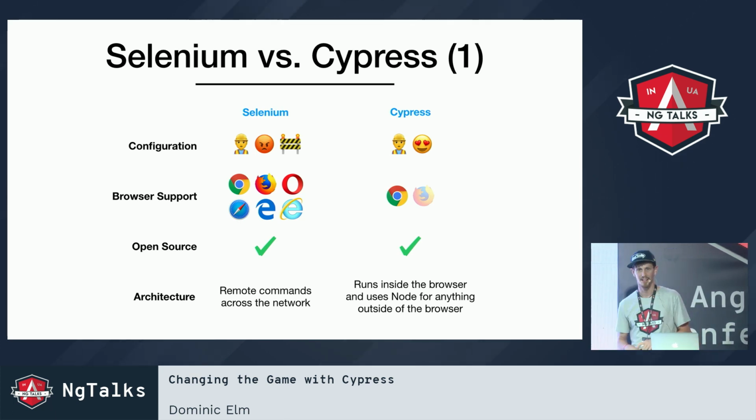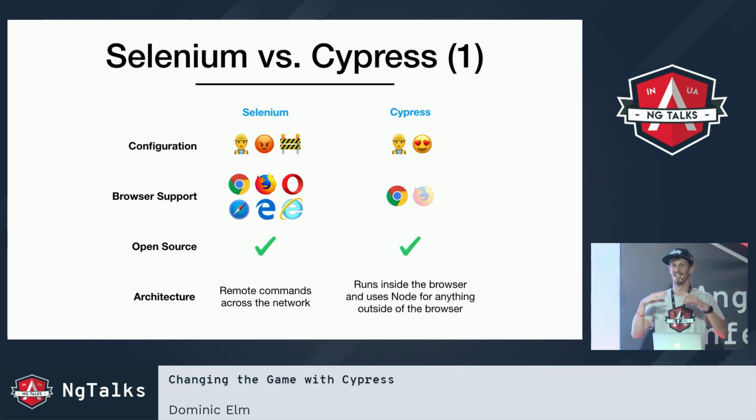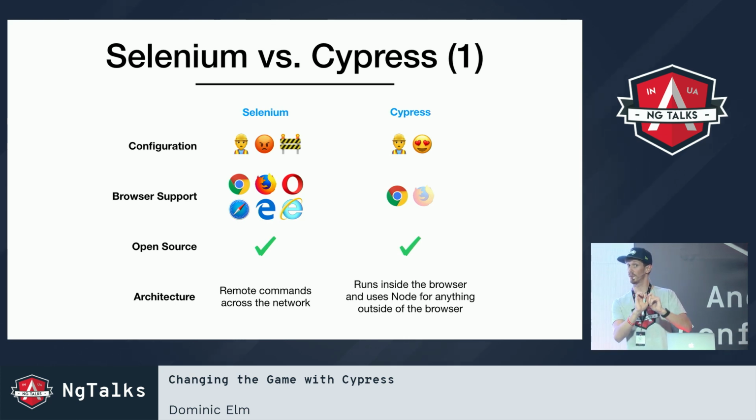Cypress, on the other hand, you can see the emotion speaks for itself, is awesome. You don't need any configuration because it comes with a very good default configuration out of the box. Now, browser support: Selenium supports all major browsers. Unfortunately, as of right now, Cypress only supports Chrome and Chromium-based browsers, but Firefox is in the making, and it's going to be there very, very soon.